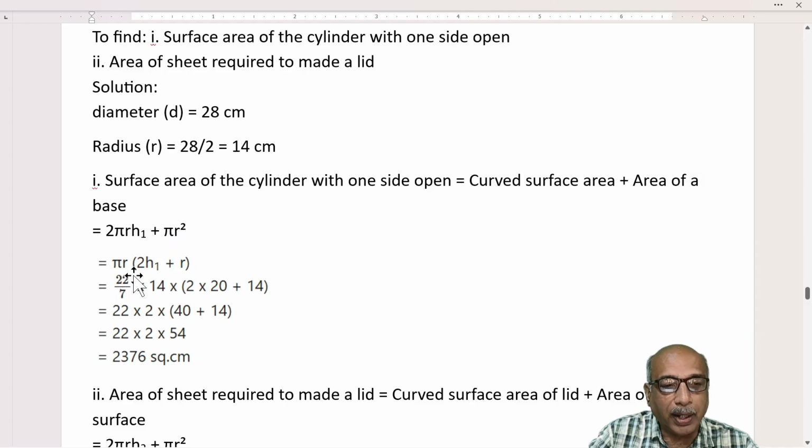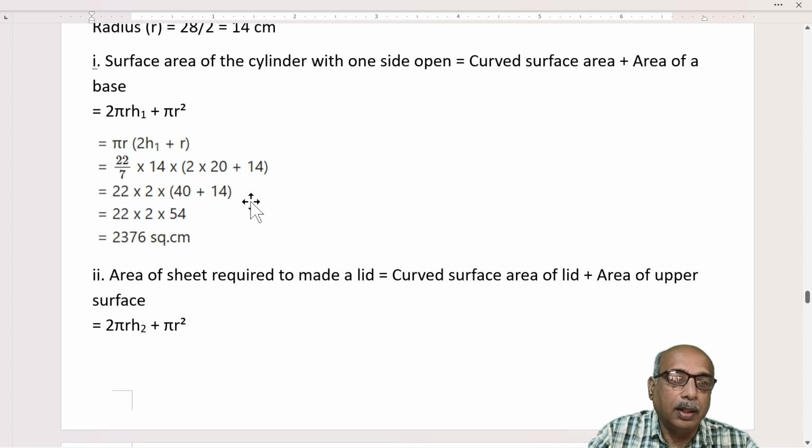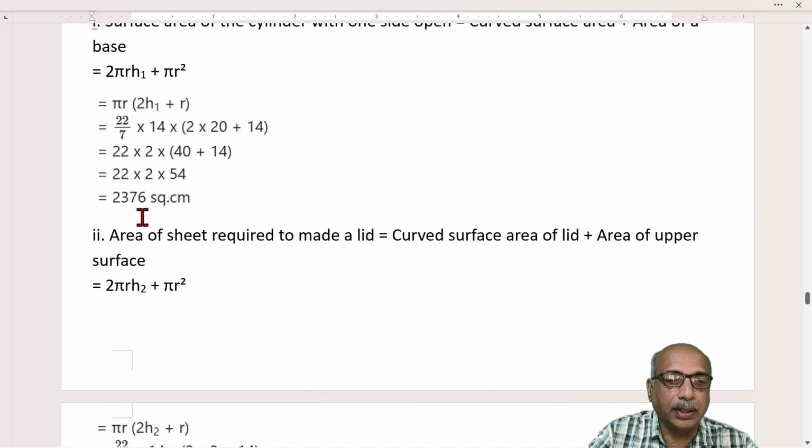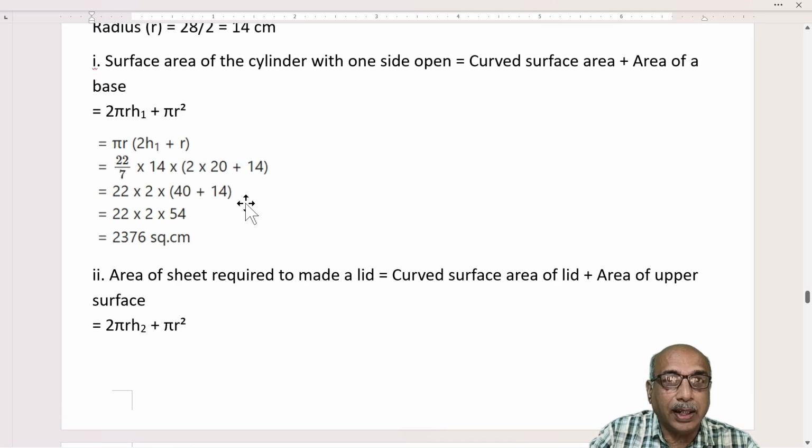Pi r comes common, 2 h1 plus r. I'm sure you understood this formula. Method remains the same: substitute the values of all the terms and calculate. It will be 2376 square centimeter.